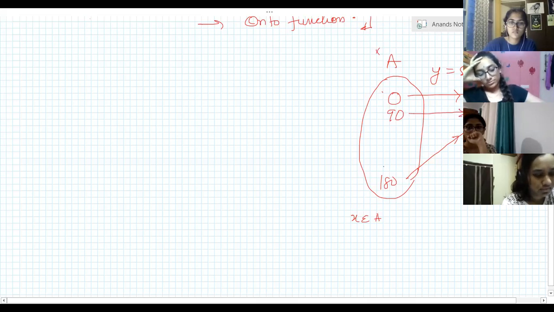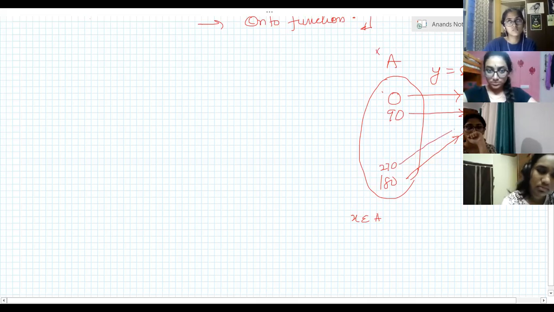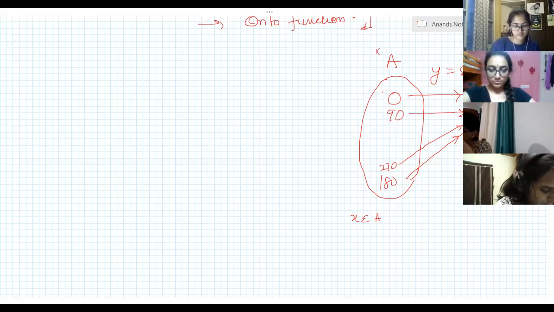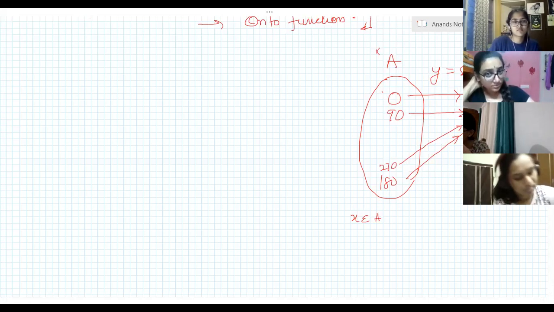What about 270? Sine 270 is also 1. Correct, no guys? Take a calculator and check if sine 270 indeed is 1. So it says it's -1.